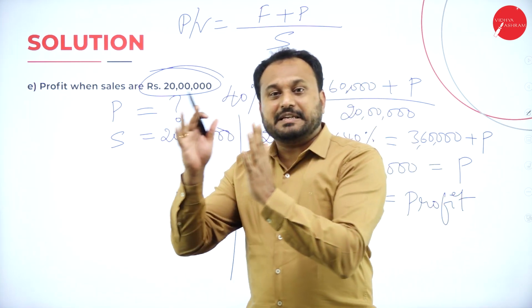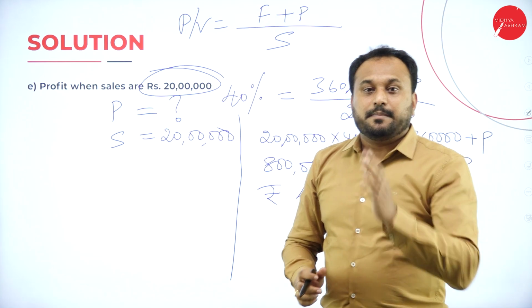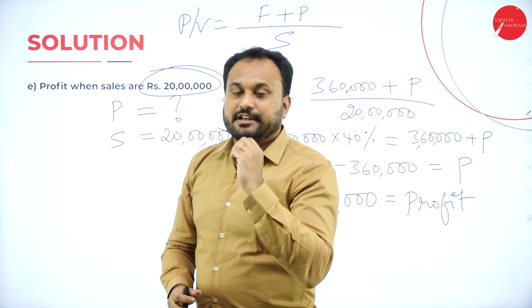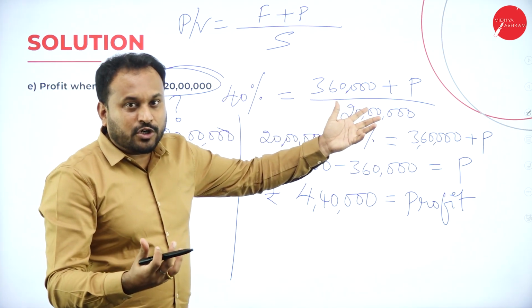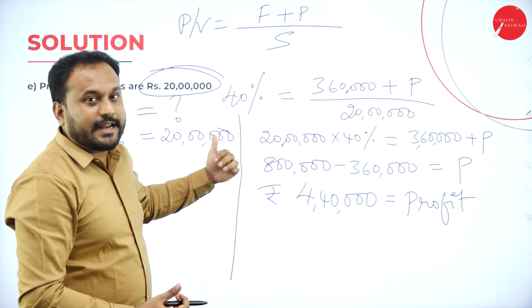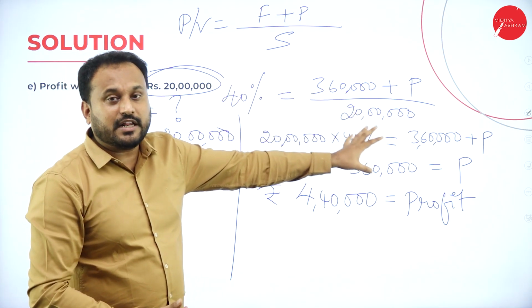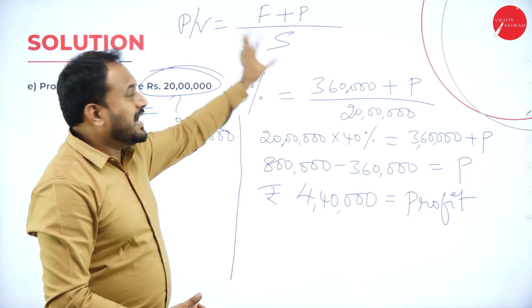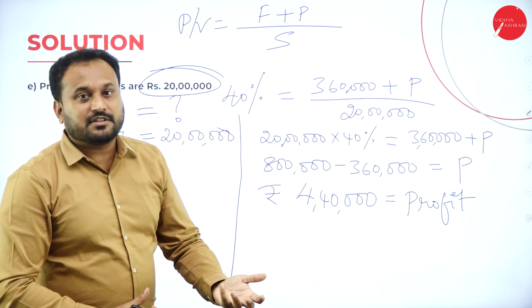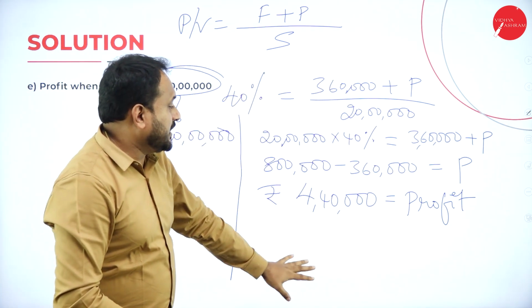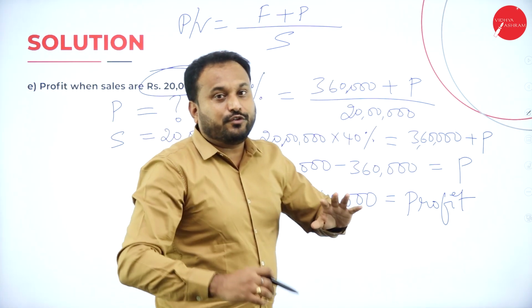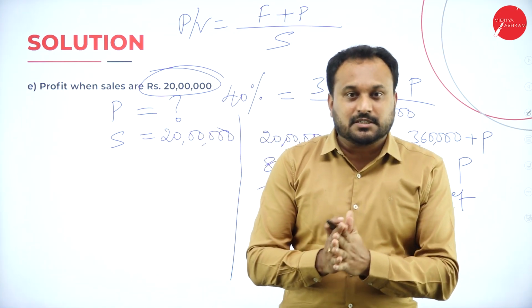BEP sales formula is fixed cost divided by PV. Then for profit, we needed to get the profit. Sales was 20 lakh rupees. Then we went with the Abhilash Chandra trick, the universal formula PV is equal to F plus P divided by S, and we got a profit of 4,40,000 rupees.